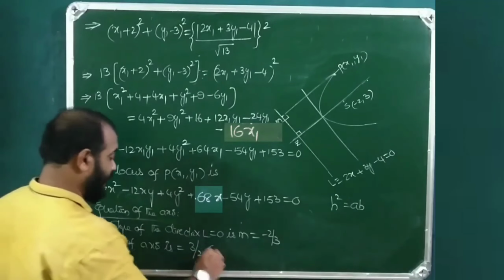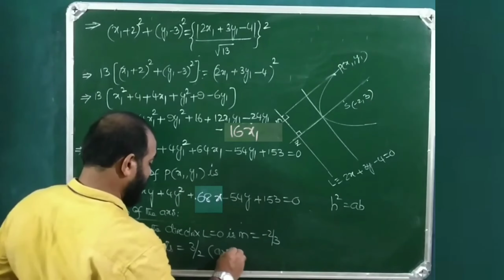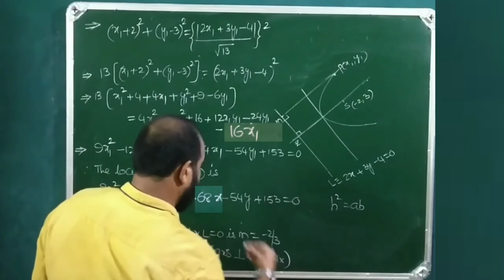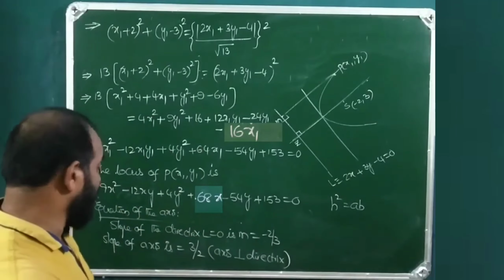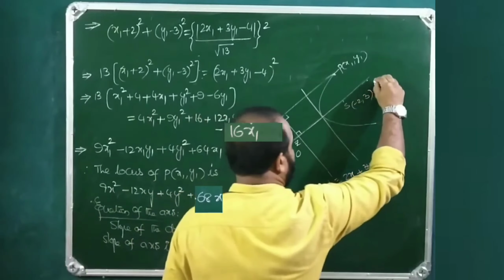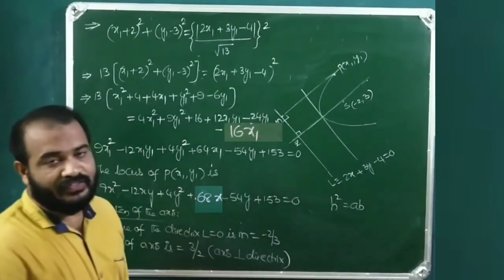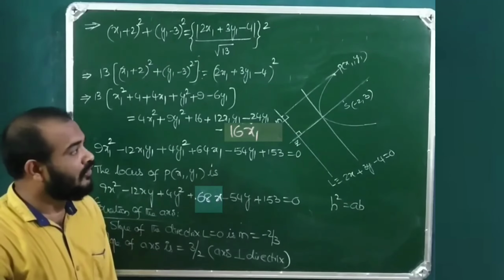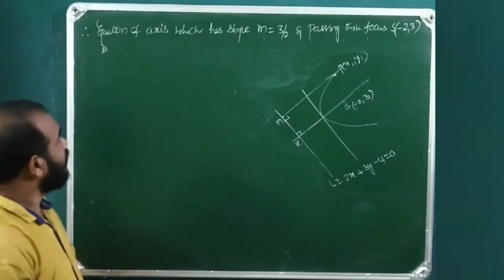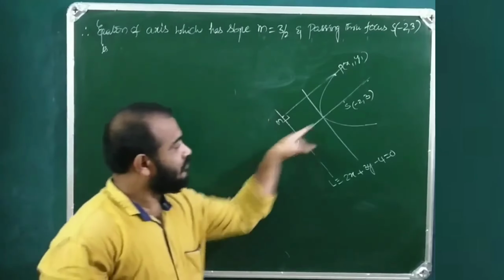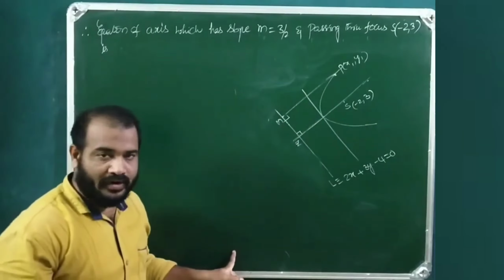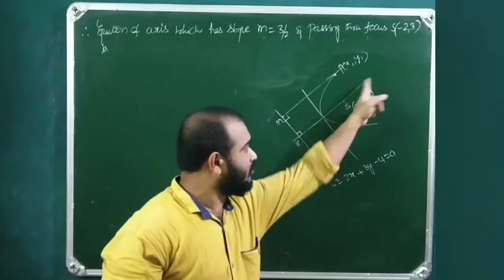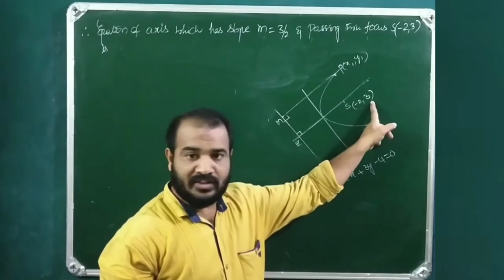Since the axis is perpendicular to the directrix, the slope of this line is 3 by 2 and it passes through this point. With the help of the slope and point, we will obtain the equation of the axis. The axis has slope 3 by 2 and passes through the point minus 2 comma 3, which is the focus.